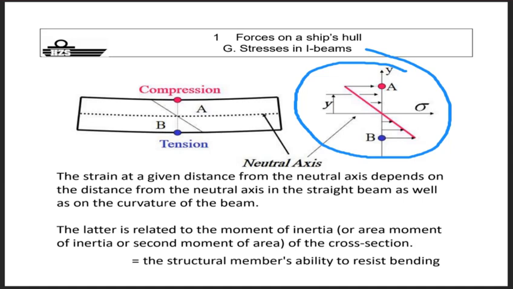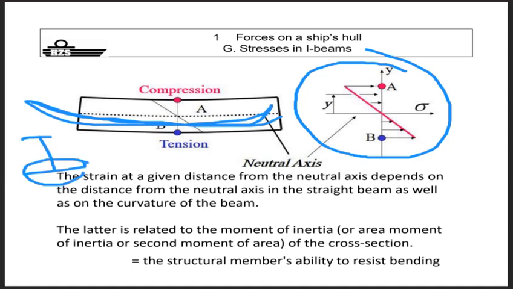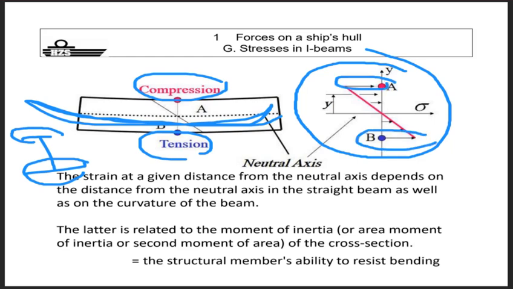And then when you go further away from the neutral axis, you go to the highest part of the compression and tension. So if your vessel is exposed to sagging, the bottom flange of your I-profile beam will be submitted to tension. The upper flange will be submitted to compression. So you have compression here, and tension here.